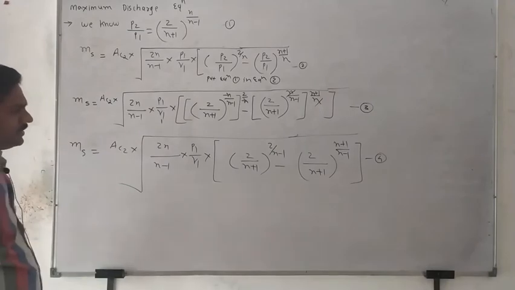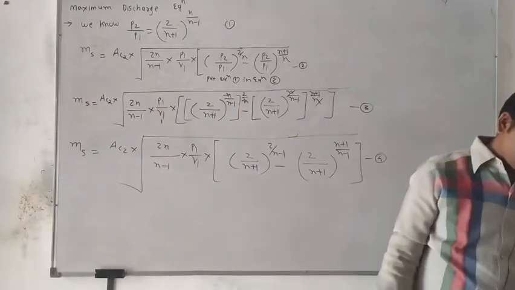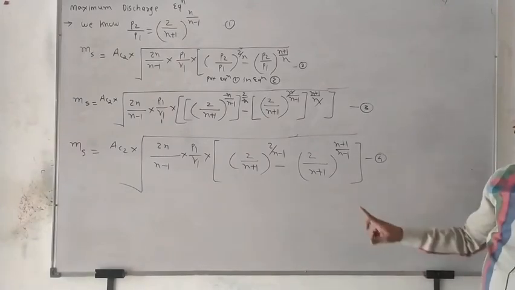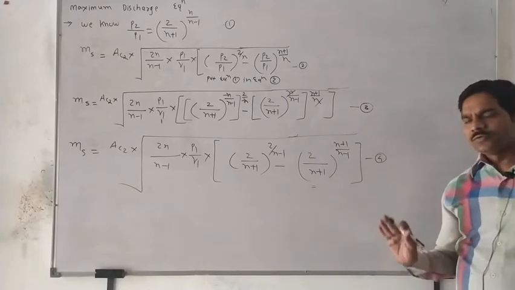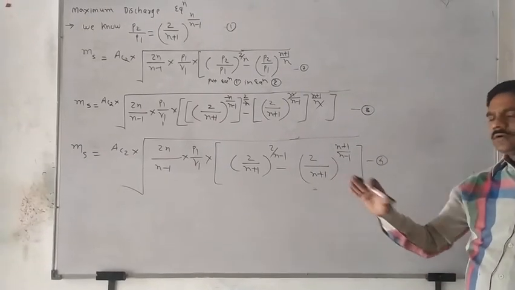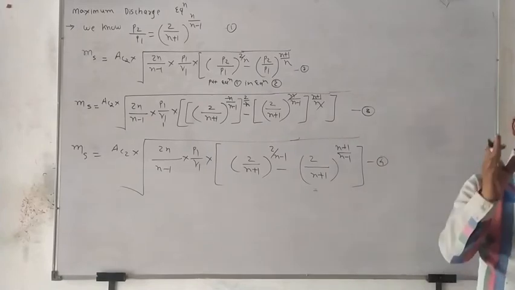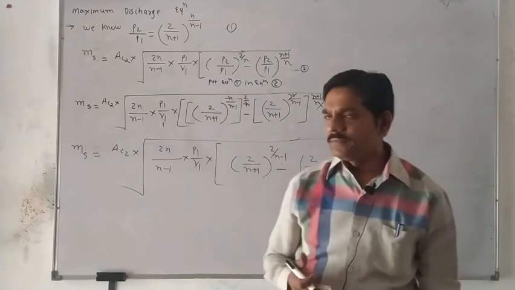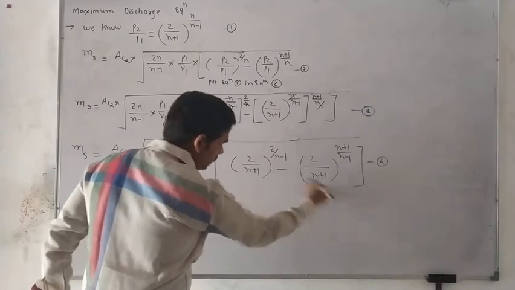Then after solving this, what do we do here? A very simple mathematical adjustment will be there. So you see, guys, this term: take it common from this bracket of equation number 4. After taking this term common, which one? This one. You take this term common.